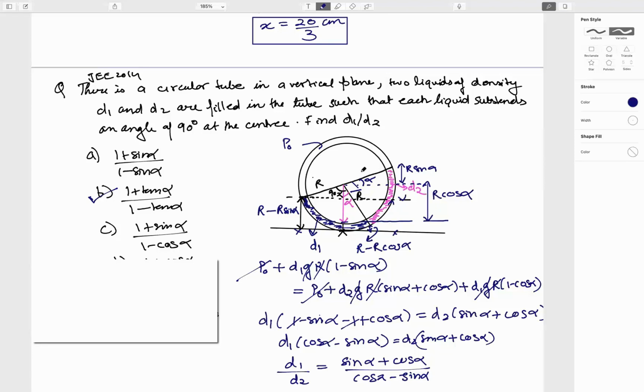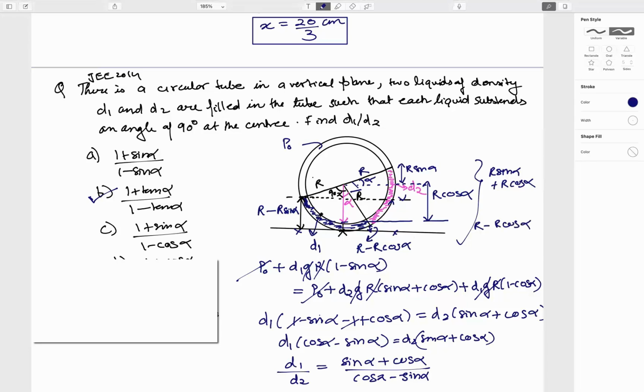How it comes is, this is R, this is alpha, so that is R. This is R cos alpha, this is R sin alpha, so this is R sin alpha plus R cos alpha, coming from here directly R cos alpha. Now the fluid is changed. So the net height in this direction is R sin alpha plus R cos alpha due to fluid 1 and R minus R cos alpha due to fluid 2.